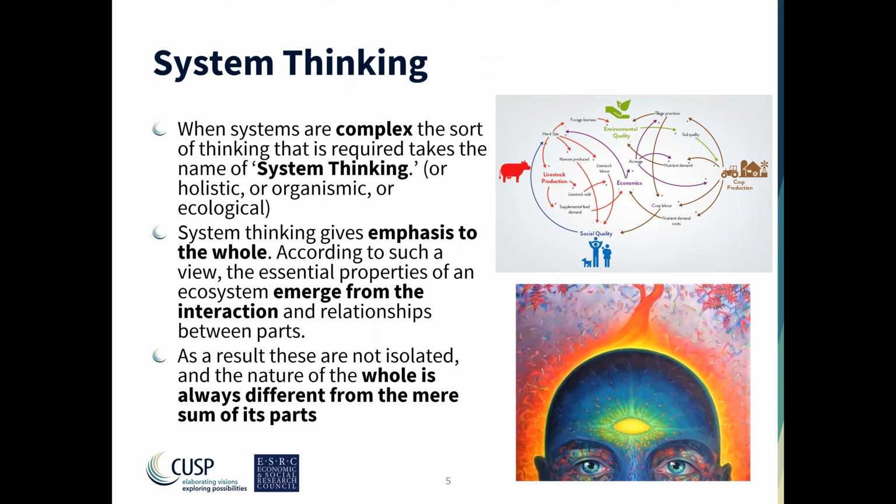As a result, when we approach things that are complex, the kind of thinking that is required is called systems thinking, or holistic, organismic, or ecological thinking. Systems thinking gives emphasis to the whole, and according to such a view, the essential properties of the system emerge from the interaction between the parts.